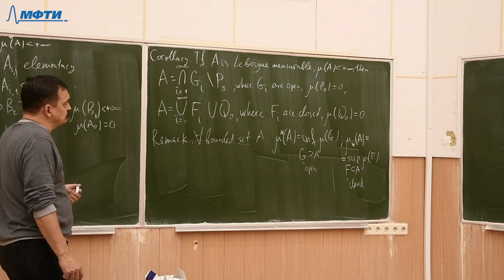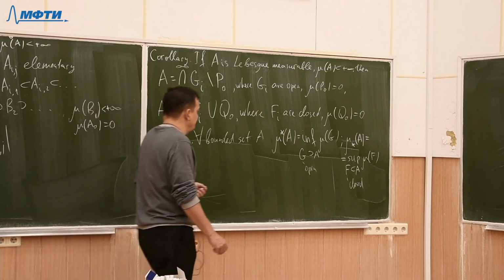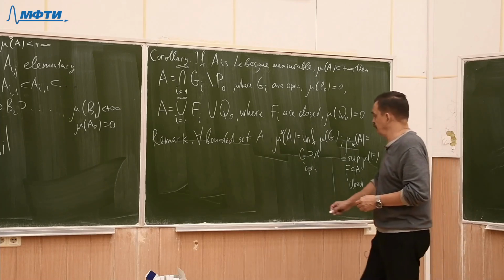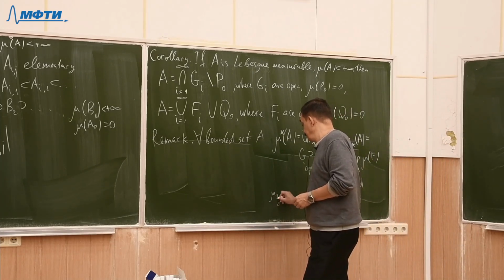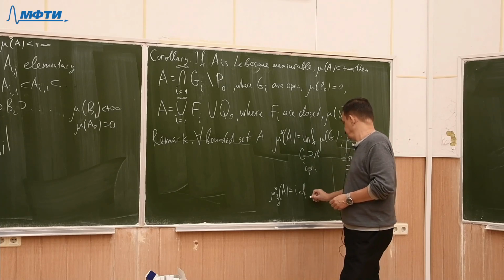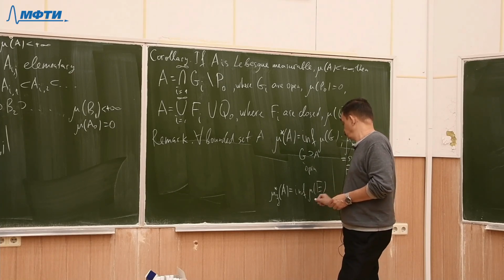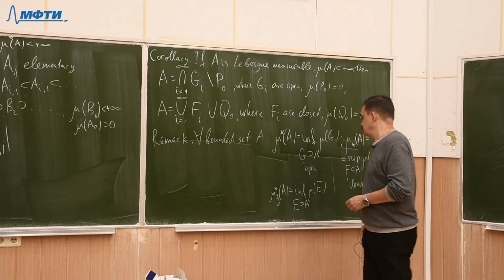And you see that it can be compared with another remark where I gave you an alternative description of a Jordan measurable set.